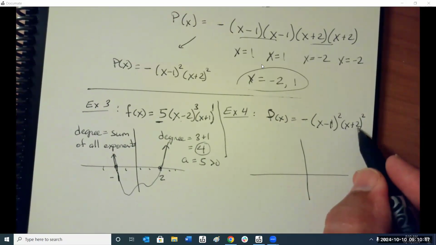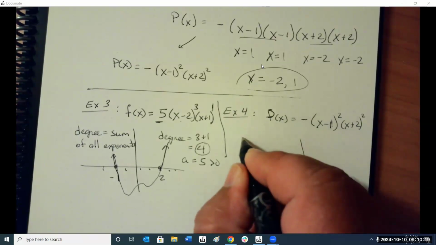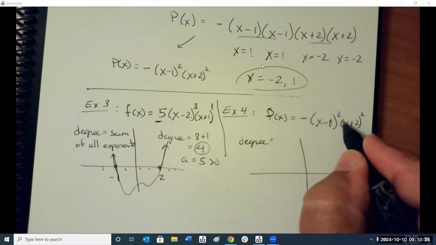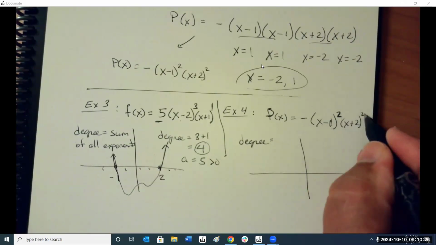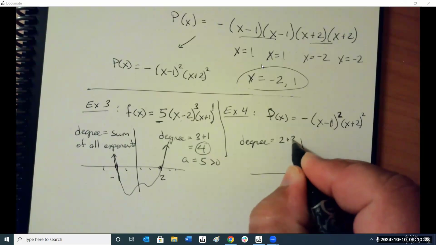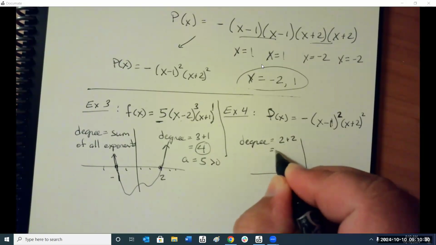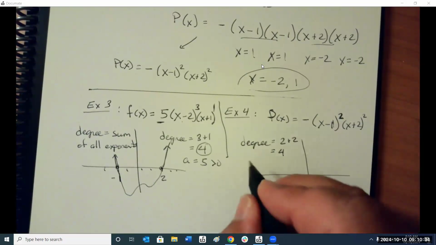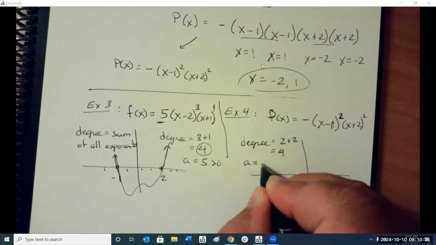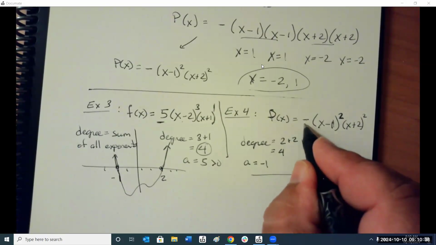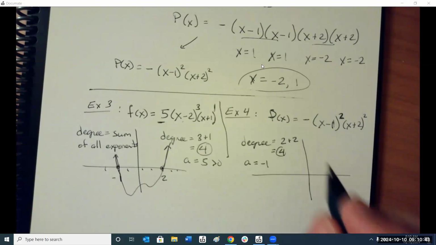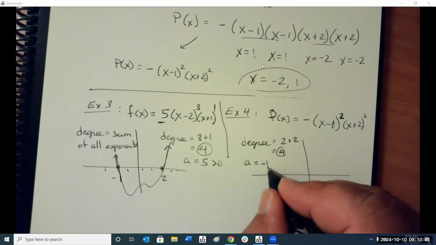What about this one? What's the degree? Two plus 2 equals 4. But a is negative 1. So the degree is even, so they both point the same direction. They both point down.